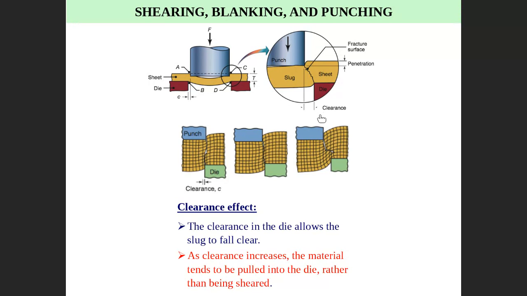They said that if the clearance is very small, very tight, as you can see here, very high force will be required. The force required to do the punching will be very, very high. If the clearance is very big, then you damage the workpiece.